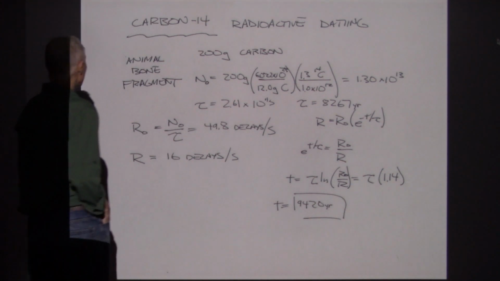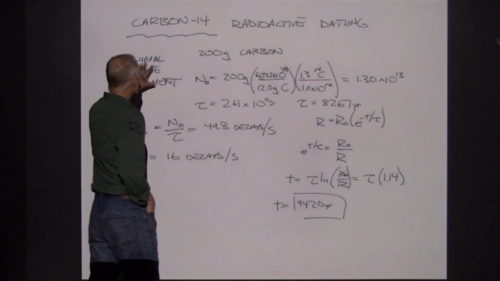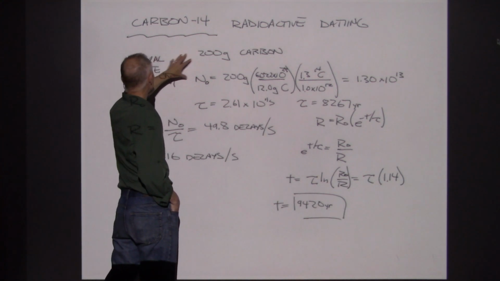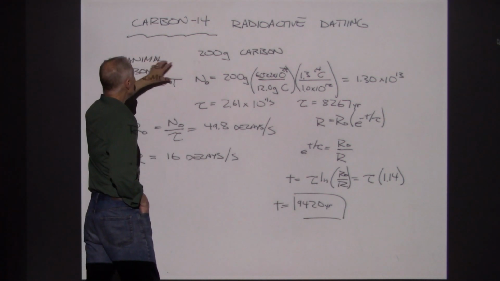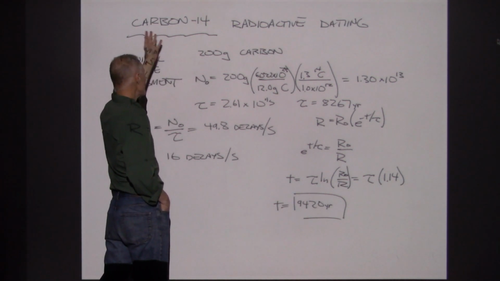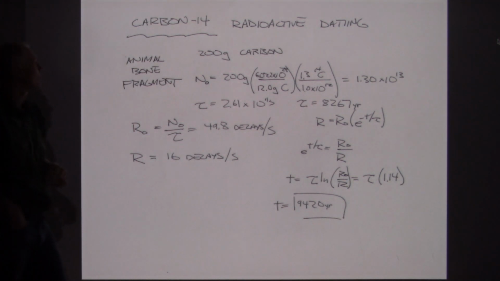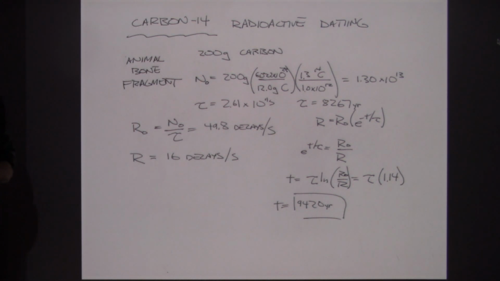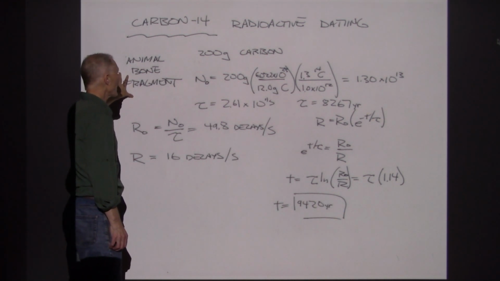We're going to take that animal bone fragment and sort it out chemically, and within that bone fragment somehow there's enough organic material left that we are able to collect 200 grams specifically of the element carbon. So we've run a bunch of chemical reactions, we've sorted out the carbon from this bone fragment.